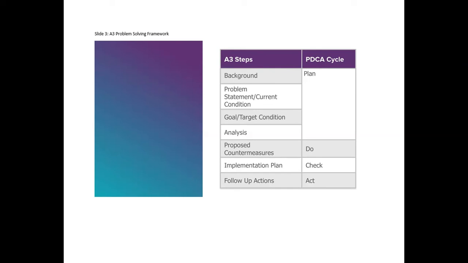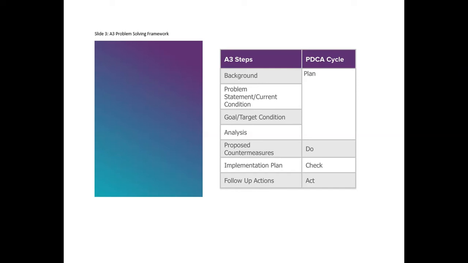If you search the internet for templates, you will find a bit of variation in how each step is labeled and described for the A3 steps and the PDCA cycle. It's more important to make sure you go through each step and spend the majority of your time in the planning step.